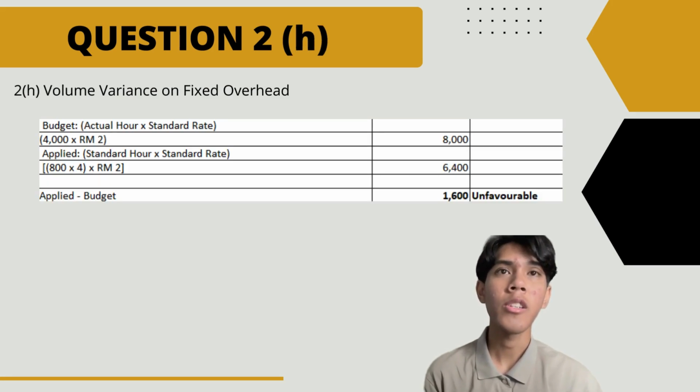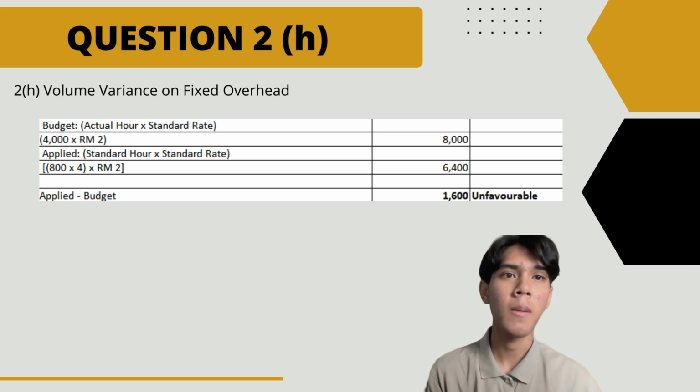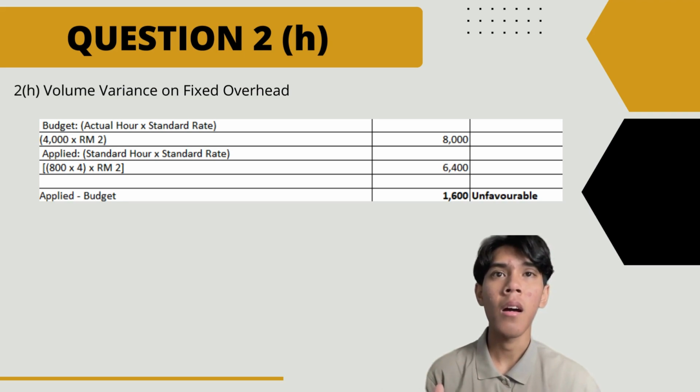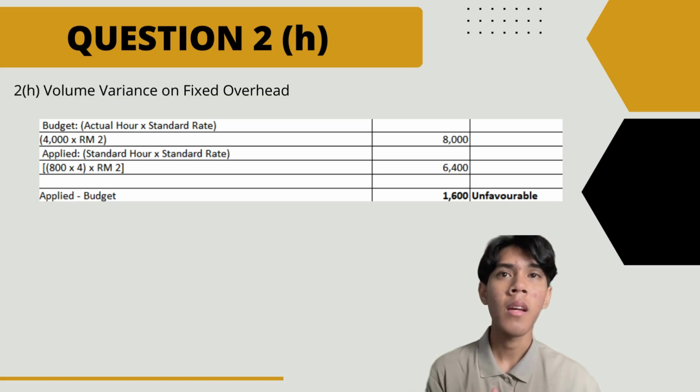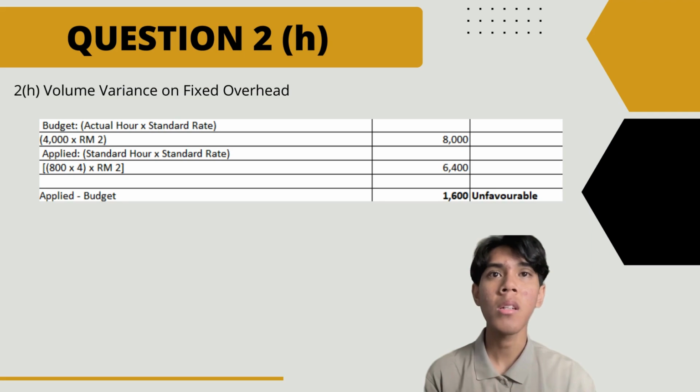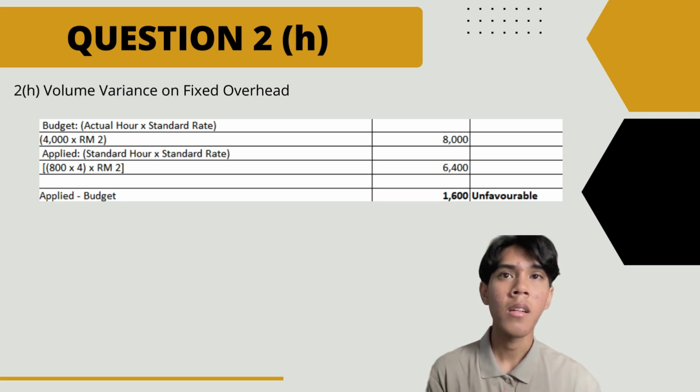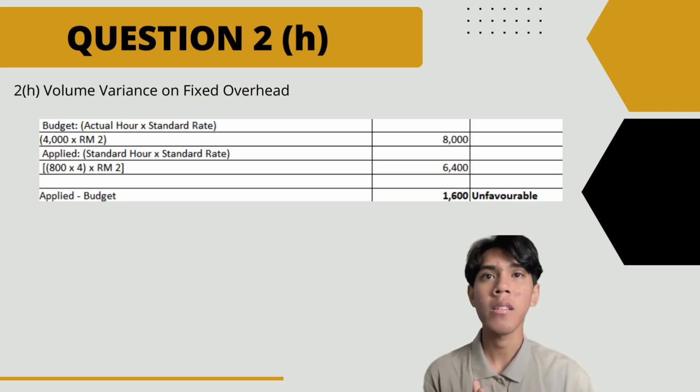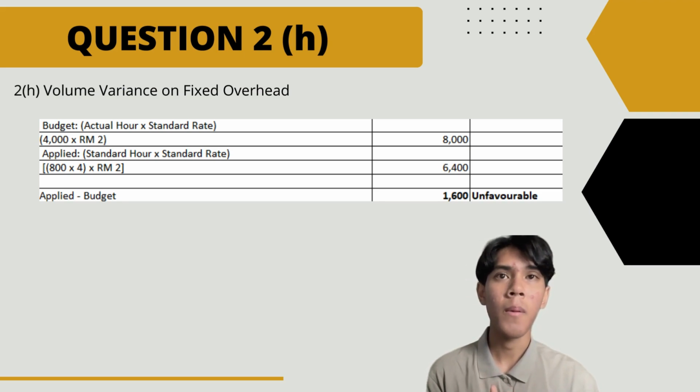Last, question 2H, we need to find the volume variance on fixed overhead. On this question, the budget we already calculated earlier, which is 8,000, and we need to find applied, and the formula is standard hour times standard rate, and from this we can calculate 800 times 4 times RM 2 ringgit, and we get 6,400.